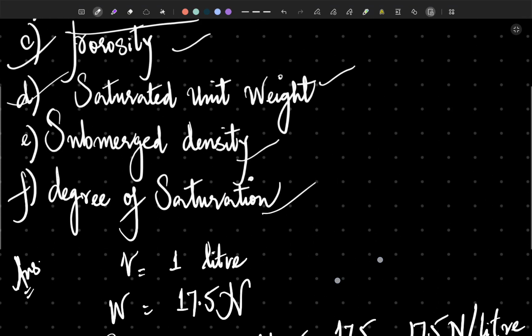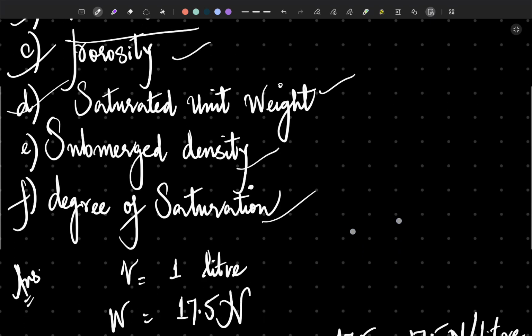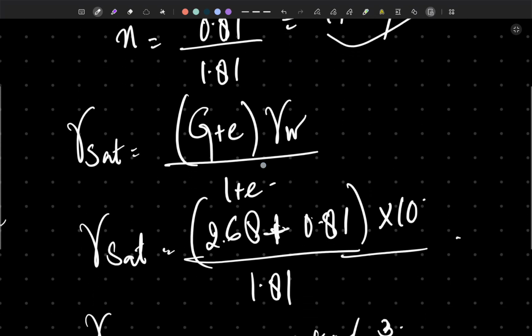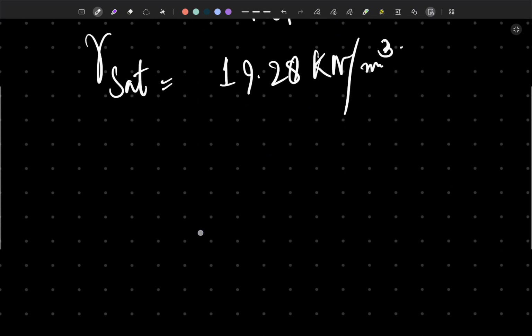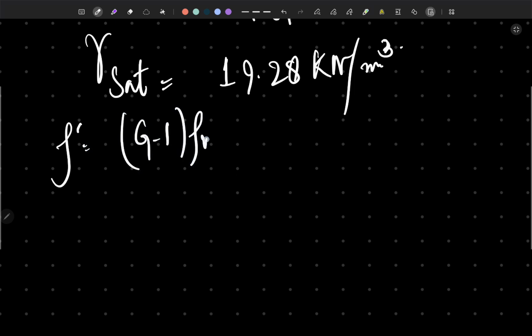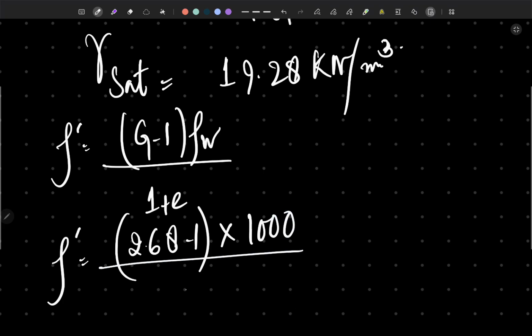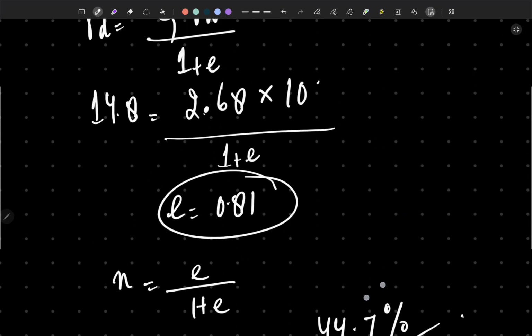Submerged density is (G minus 1) times density of water divided by 1 plus E. Submerged density is 2.68 minus 1, times density of water, how much? 1000 kgs per cubic meter, divided by 1.81, that is 1 plus 0.81, where 0.81 is the void ratio.